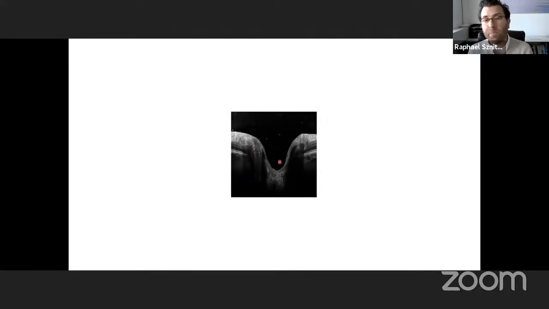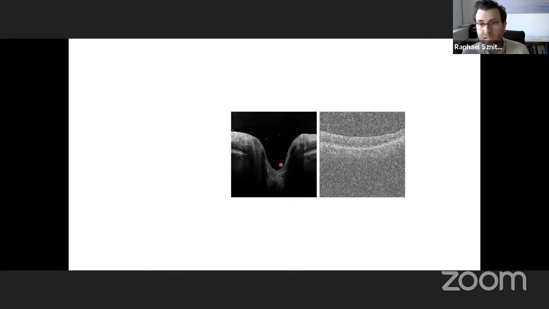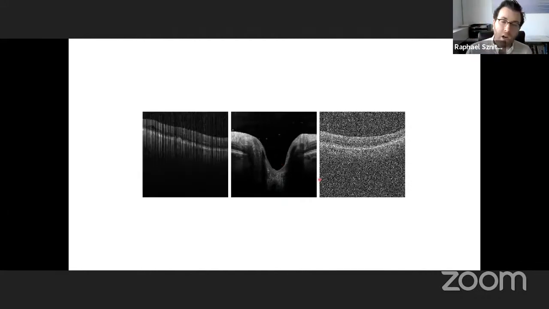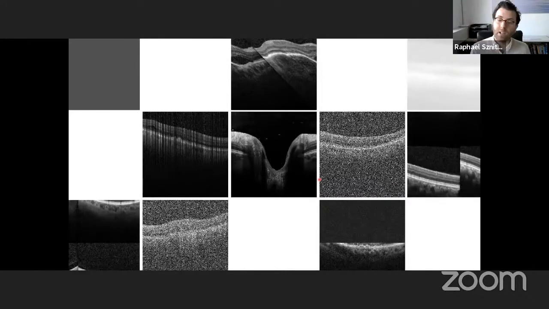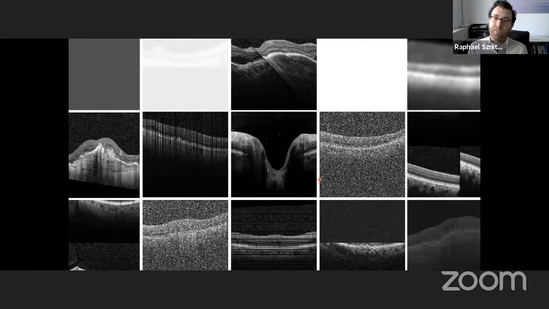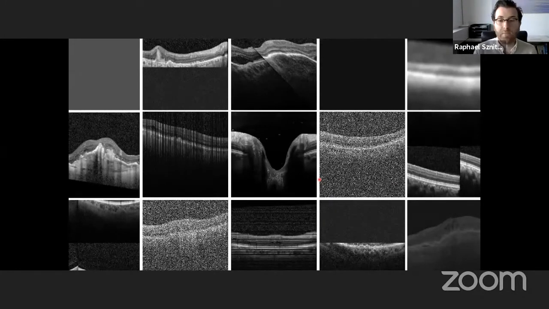Because this is actually a different part of the anatomy. This is looking at a different part of the eye, which we shouldn't consider. And then we found other mistakes like this one, a shot noise, and then other artifacts. And then the list just kept going and going and going. And these are all artifacts from large acquisitions that are done in the hospital.